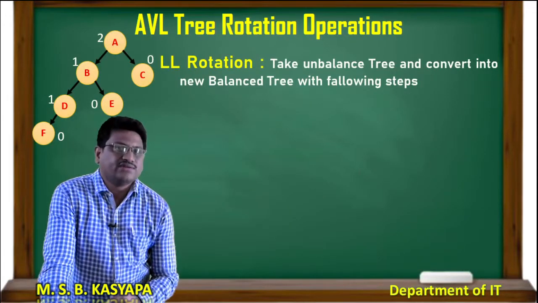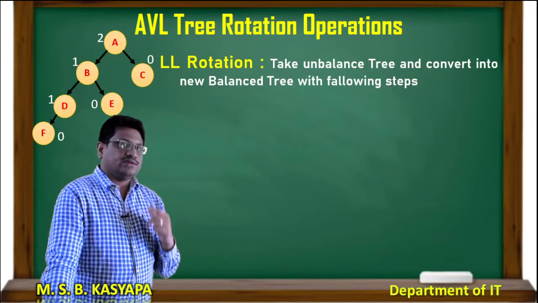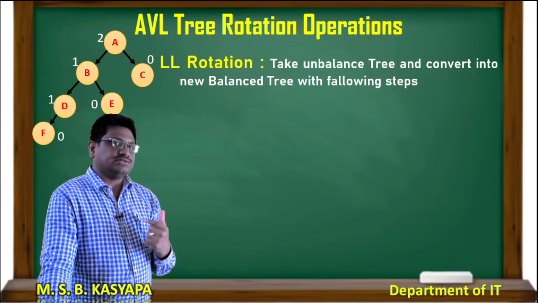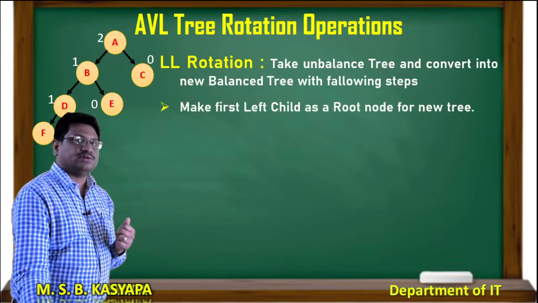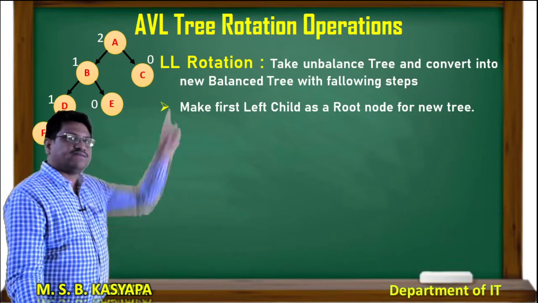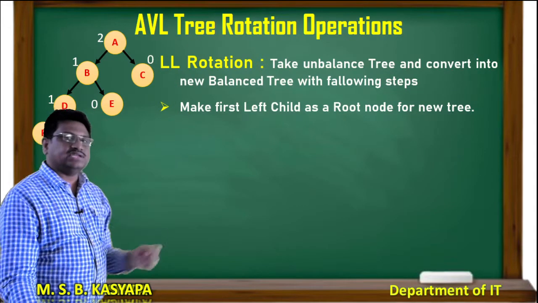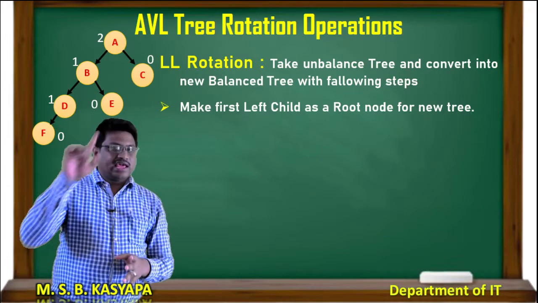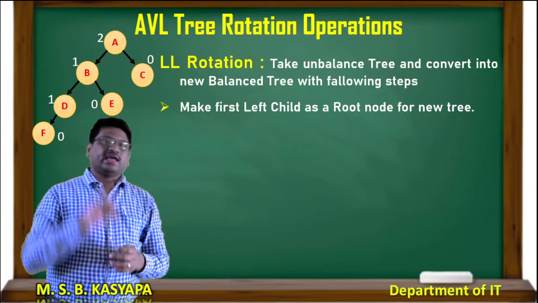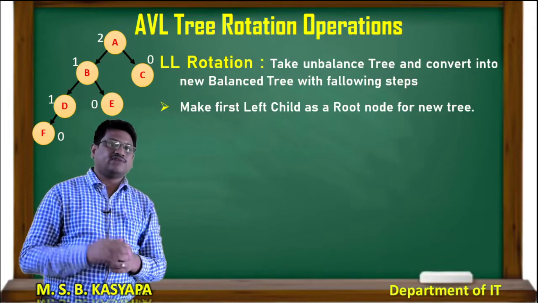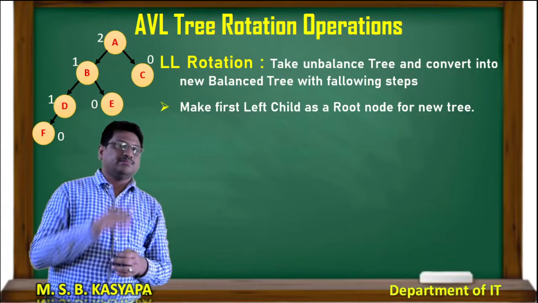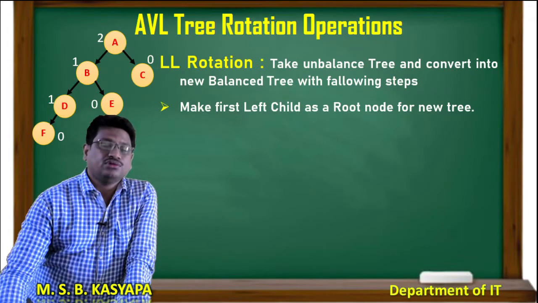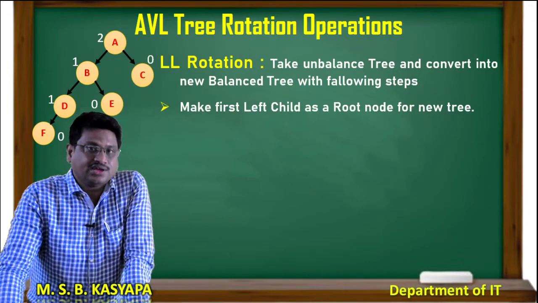Suppose I want to use an LL rotation like this. First, what I have to do is make the first child the root node. If you see the diagram, I need to adjust for A. Now, for A, what is the first child? B. So first I have to make B the root node.